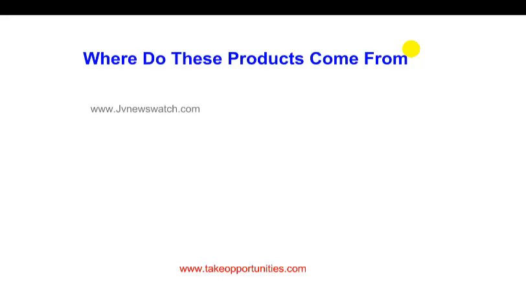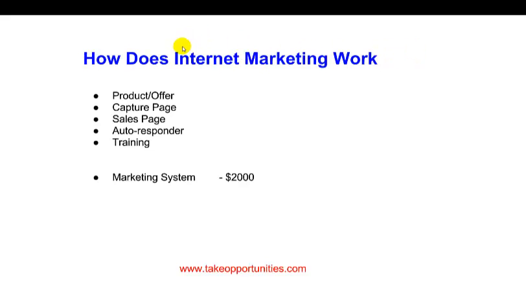And you can say they come from JB Newswatch, left click, Munchive, left click, and JB Zoo, left click again. Now we go to the next slide by left clicking. How does internet marketing work? Well, you need an offer page, a capture page, a sales page, autoresponder, training, and a marketing system like this can be valued at $2,000.